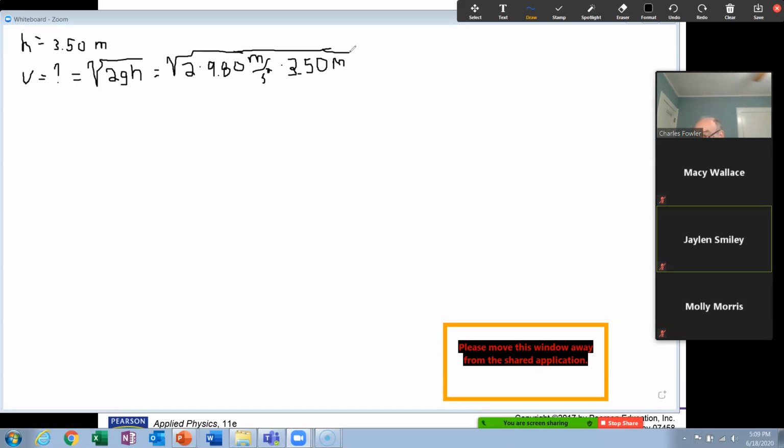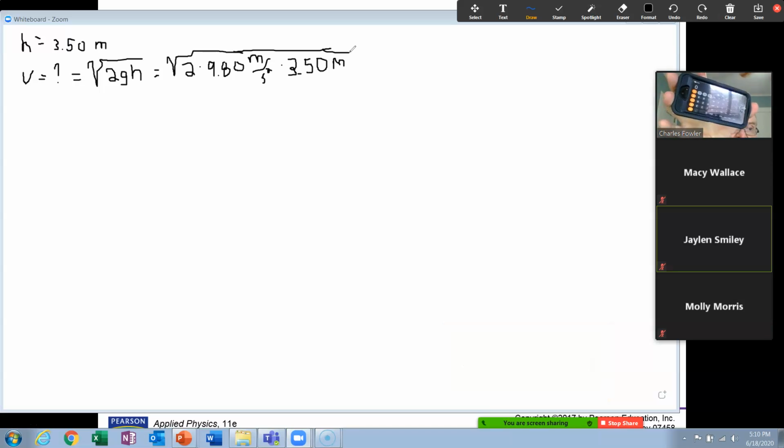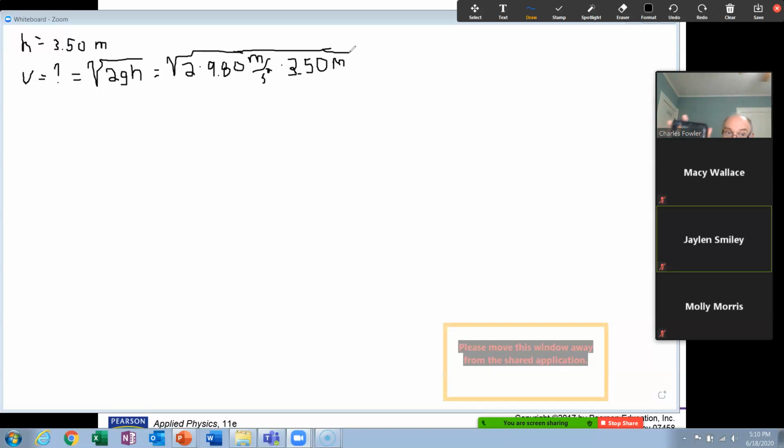Okay? There's the formula. Grab your cell phone, calculator, whatever you're using. I happen to be using my cell phone. Since this is going to require a square root, I'm going to turn it sideways so you can get the square root. In this cell phone, I don't know how yours is, you enter the argument first and then you do the square root function.